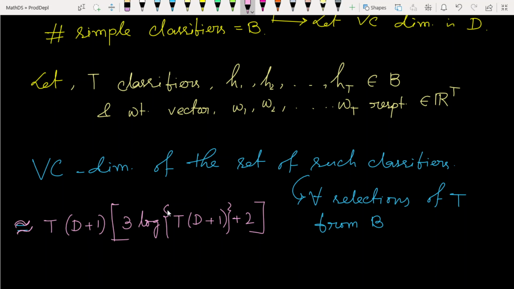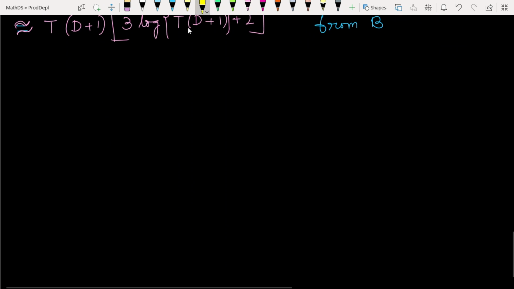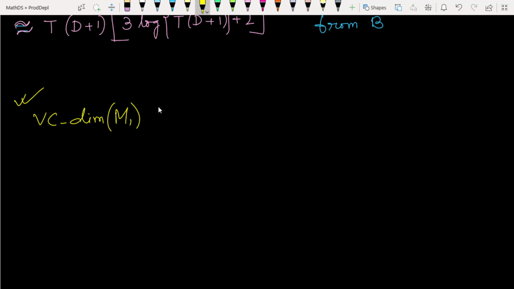So using this VC dimension concept, this theoretical concept, now we can conclude that if the VC dimension of a model, let's say M1, is greater than or equal to the VC dimension of a model M2, then we can conclude that model 1 is better than model 2.